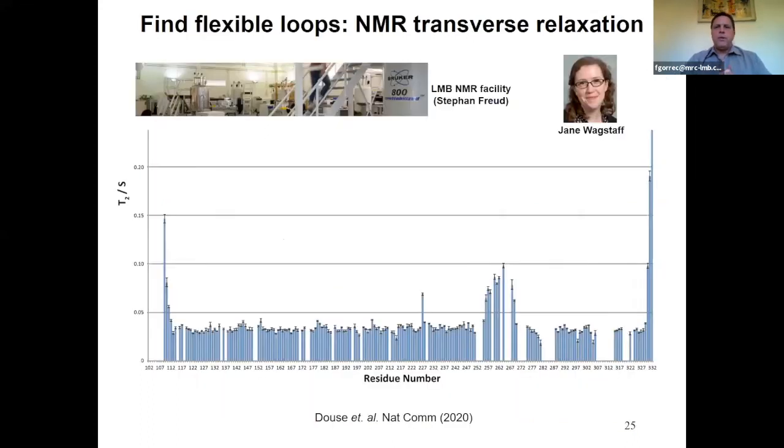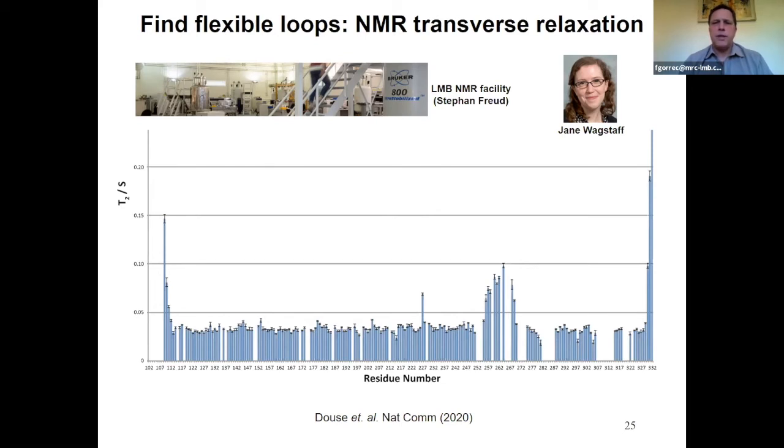What can help too is NMR, and here I've got a slide kindly given to me by Jane Wagstaff from the LMB NMR facility, another great facility we have. This technique is to try to find what part of the protein backbone is the most dynamic, and basically try to find flexible loops. Transverse relaxation.